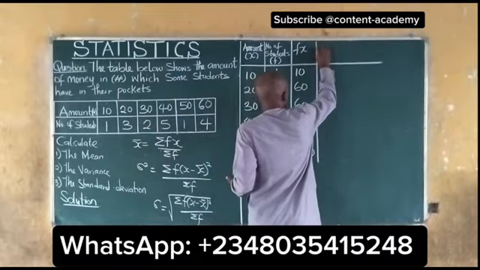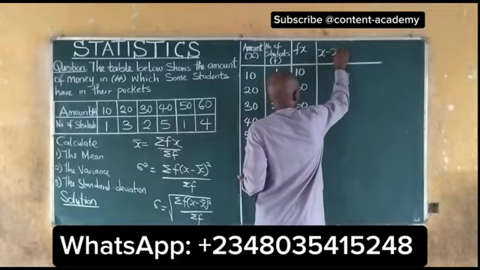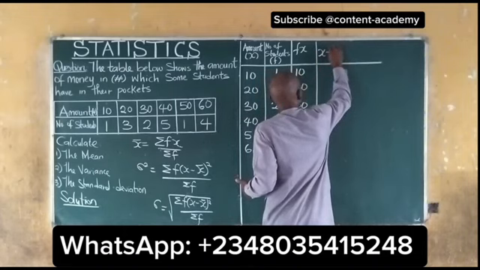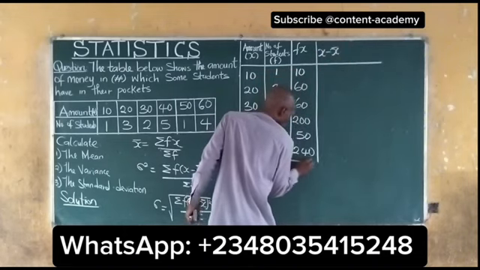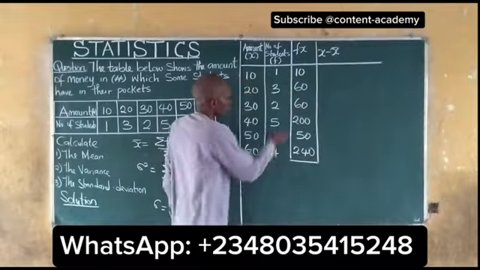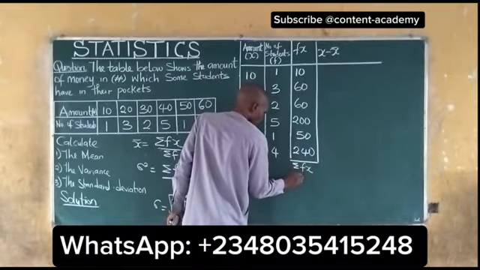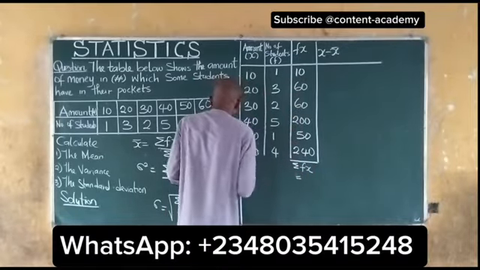The next on the table will be x minus x bar. Now, we don't know our mean. For us to calculate our mean, we'll first get the total of this, summation of f of x, which means to sum the whole of this.